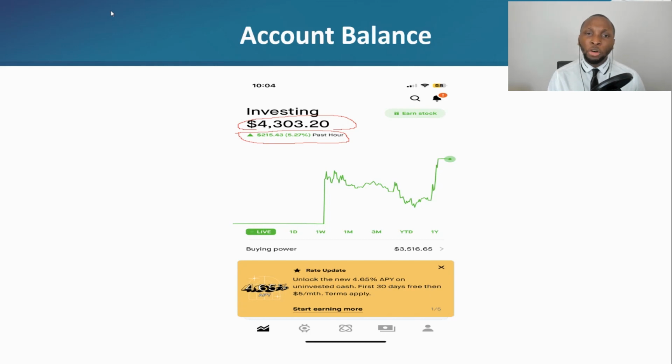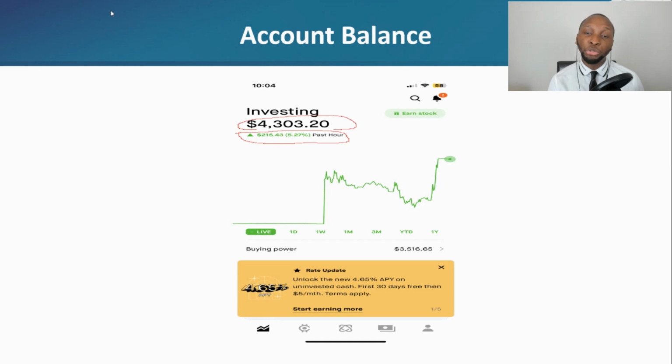So the account balance, I want you to pay attention mostly to the increase and the journey this month. This month we have increased our balance by moving from 2,000 to $4,303.